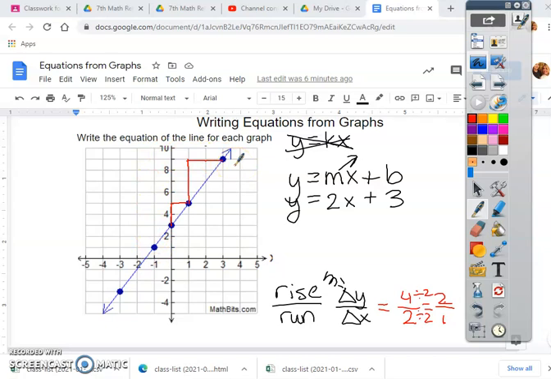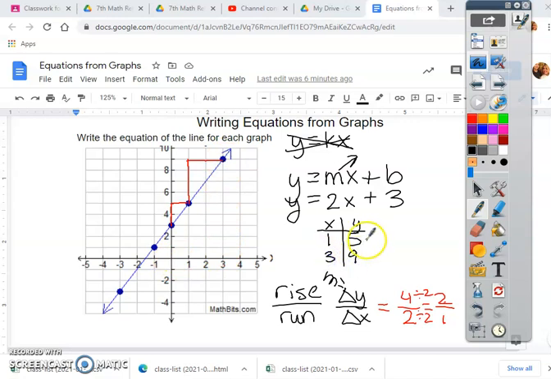Now just to prove what I'm saying, I'm going to choose 2 points. Here is 1, 5. I'm going to put it in a table: 1, 5, and this point is 3, 9.